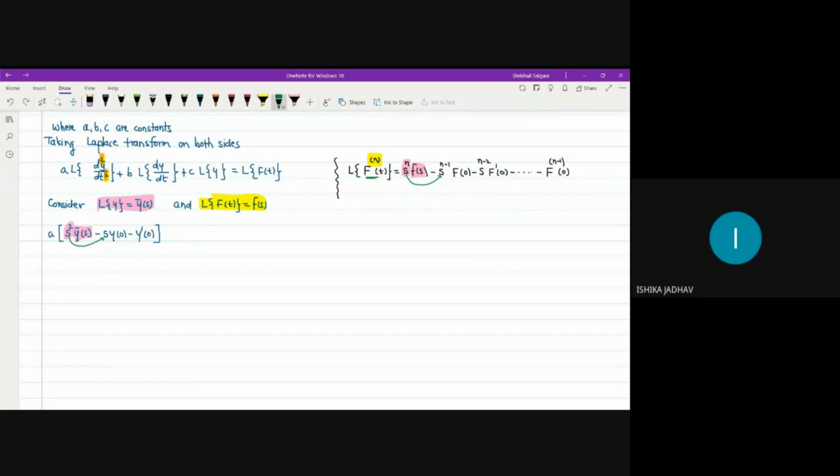Yes, sir. Next, can anyone tell me the Laplace transform for the second term? Yes, I will write plus b as it is. Namrata, Laplace transform of dy by dt. First order derivative you are taking.